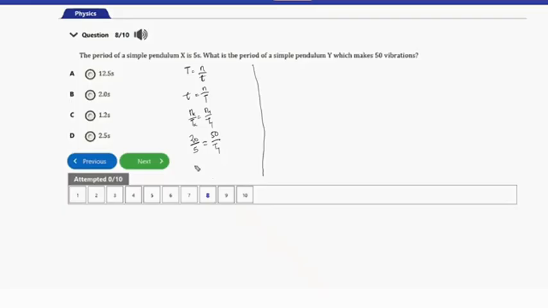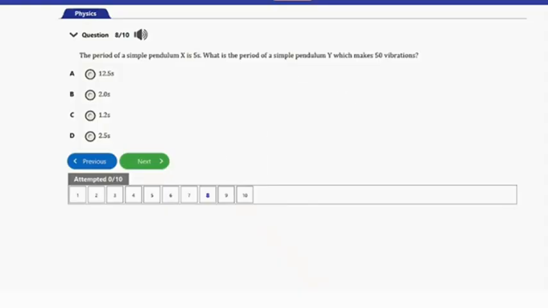So let's call that T sub Y. In that case, T sub Y will be equal to 50 vibrations times 5 seconds over 20 vibrations. So guys, if we go ahead to calculate this, that will be 50 times 5 over 20, which is equal to 12.5 seconds. And that's option A here. So that's it for this question.